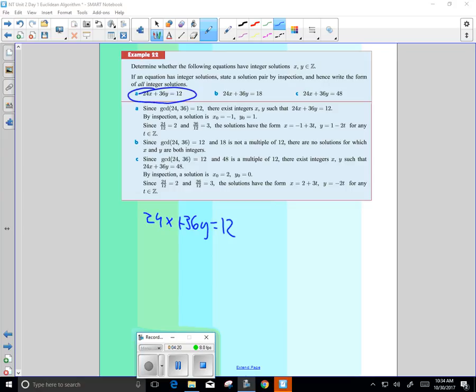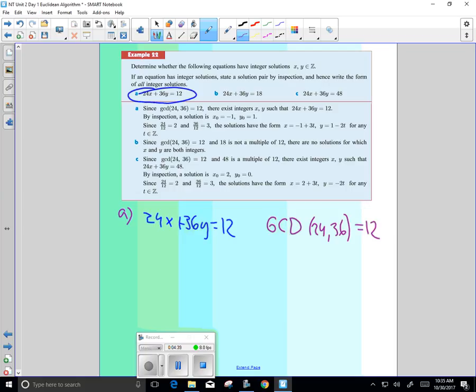It encompasses this idea of greatest common divisor. And so we're going to start off with the GCD of 24 and 36. What's the greatest number divisible by both? It is 12, yep.